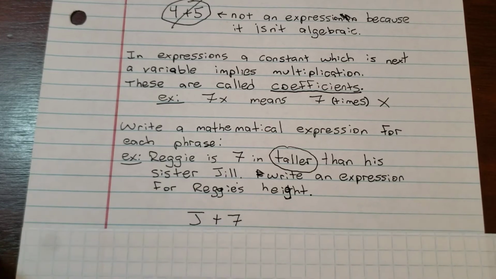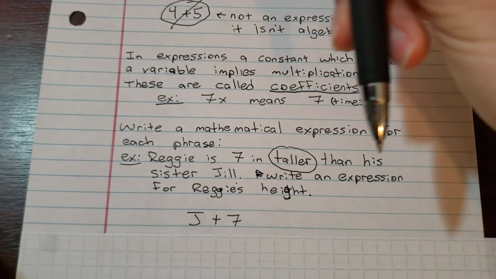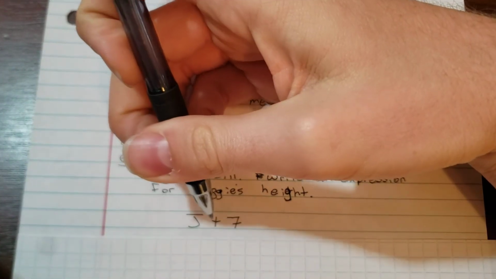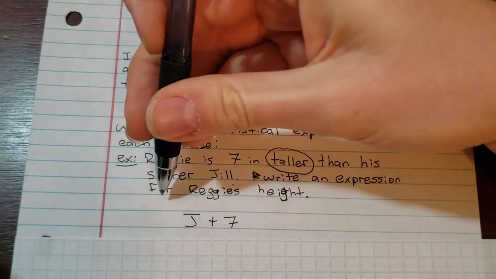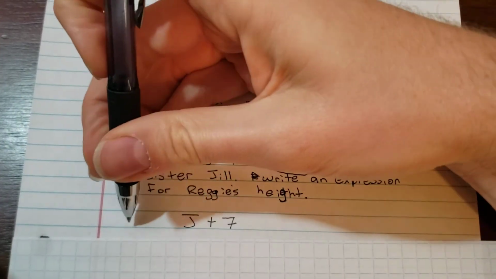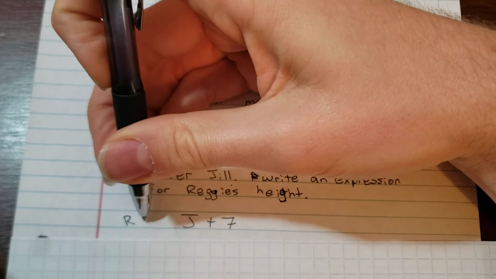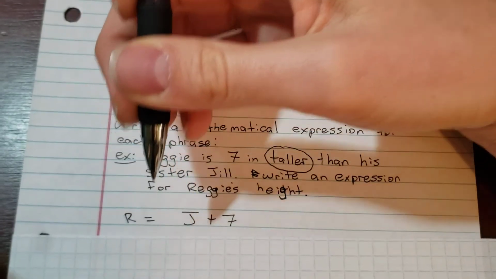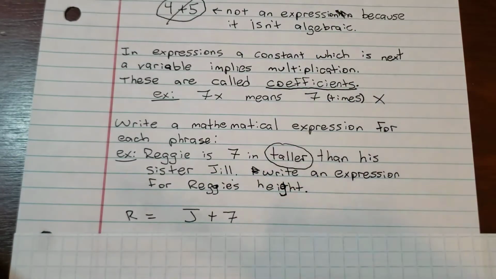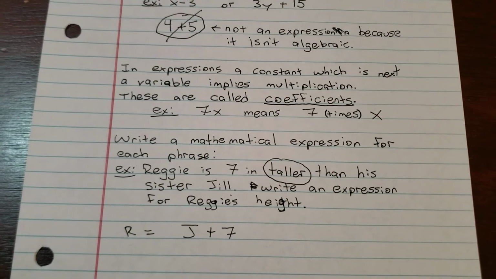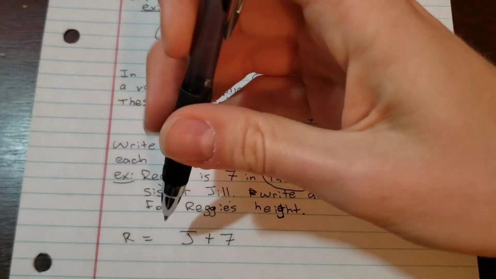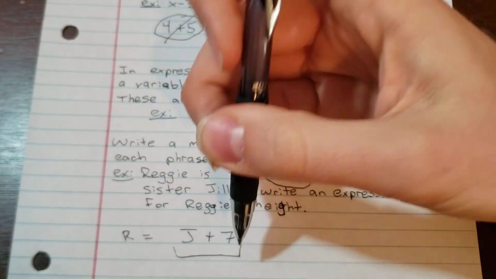So we're going to say Jill plus 7. Reggie's height, right? We could even say Reggie's height equals Jill plus 7. What I want, though, is just this. This is the expression.